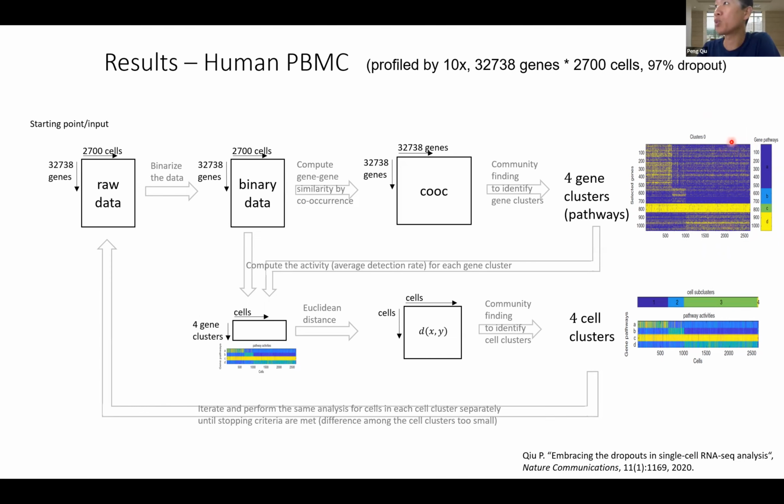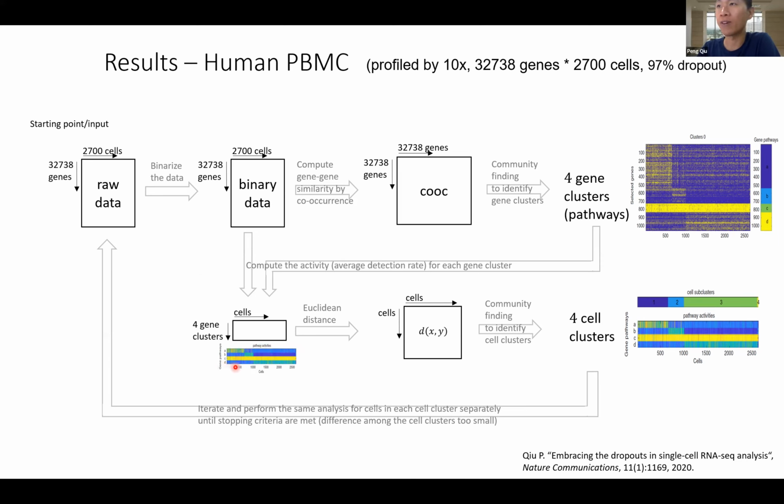Once we summarize these selected genes into pathway-level information, it is even clearer that there exists one group of cells whose activity for the first pathway is really high, while it is low for the rest of the pathways, and likewise for the rest of the cells.